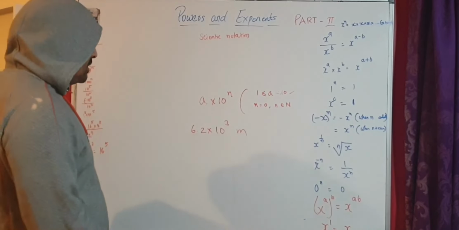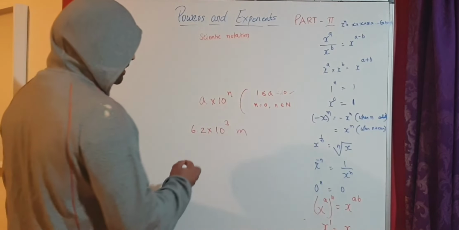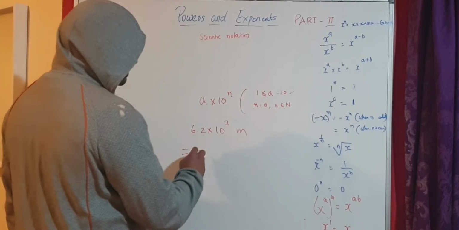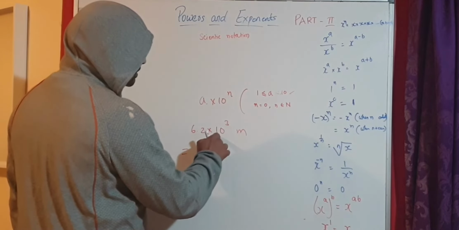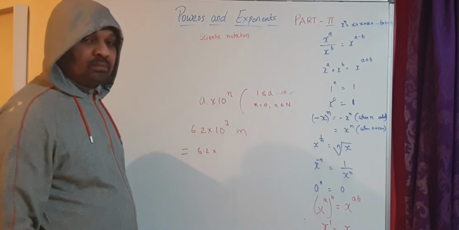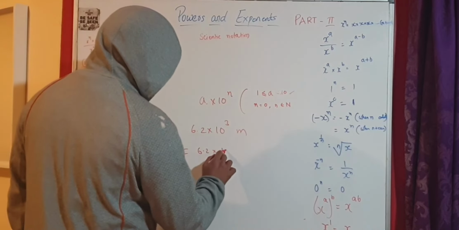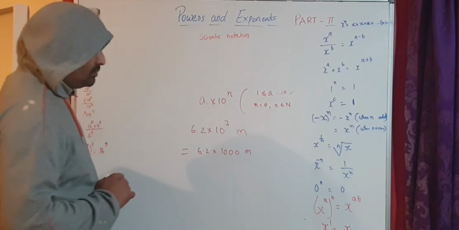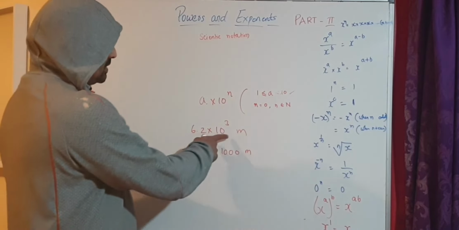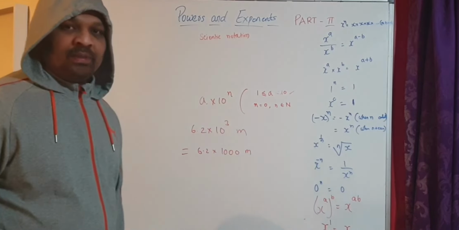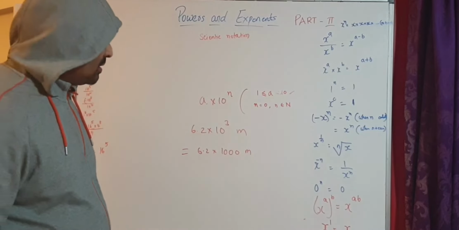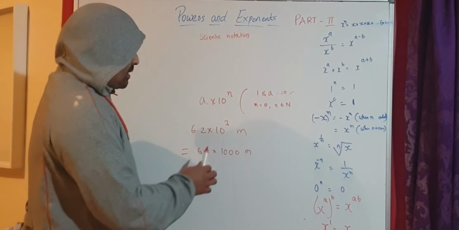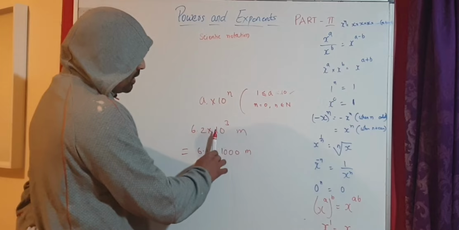If you convert that into the normal number, what you have to do is 6.2 into 10 cube, which is equal to 1000. Again, don't mess up this number, because most often you'll write it in your science, physics, chemistry, and biology. So 10 cube is 1 after 3 zeros.